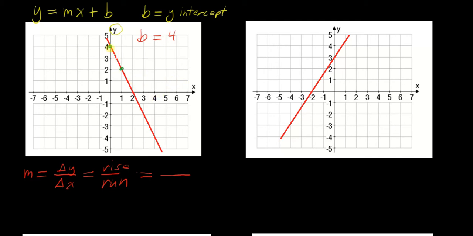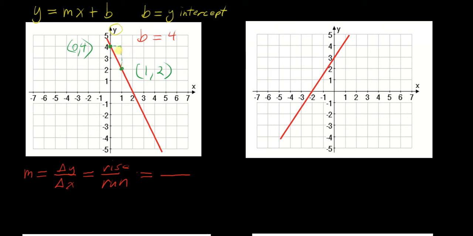Okay, so looking at these 2 points here. I'm at the point 0, 4, the y-intercept in this case. And this point is the point 1, 2. To get from this point to this point, how much did x move and how much did that make y move?